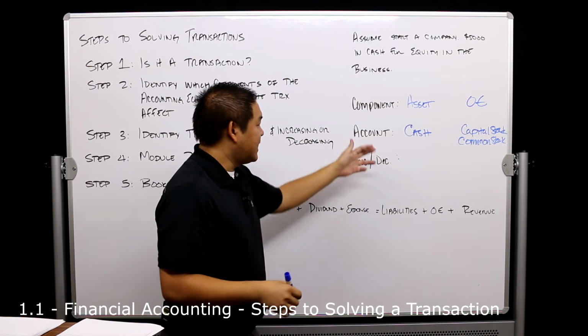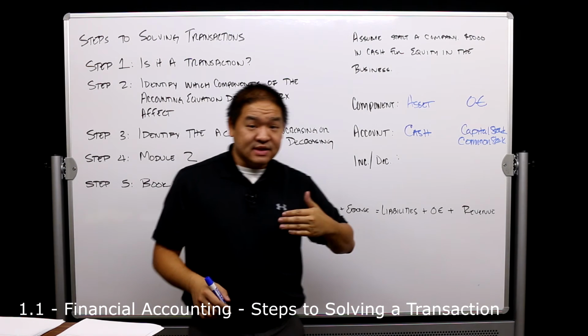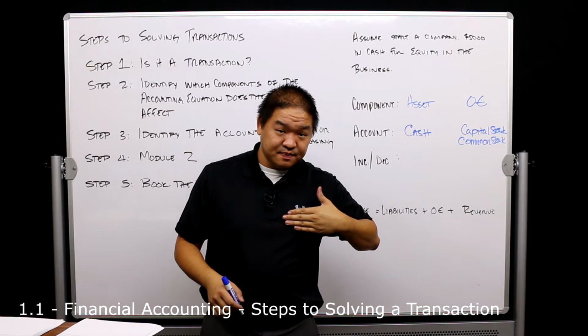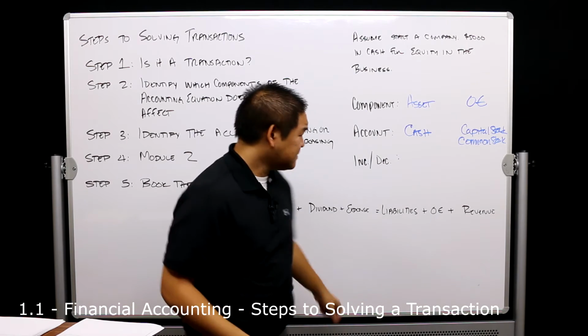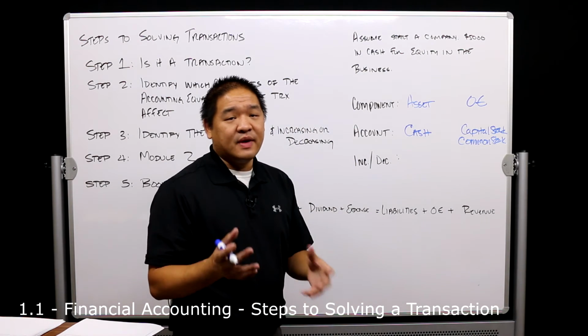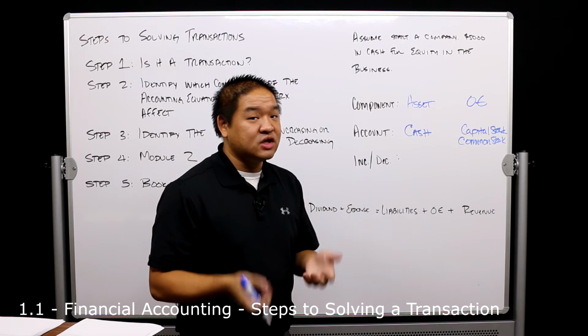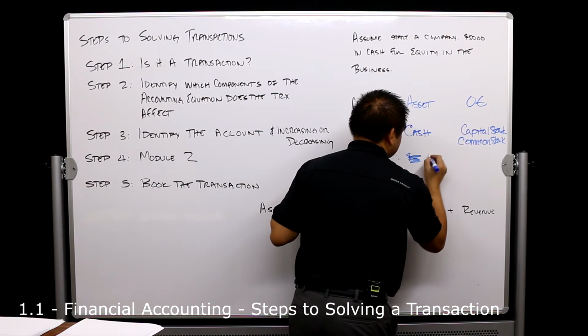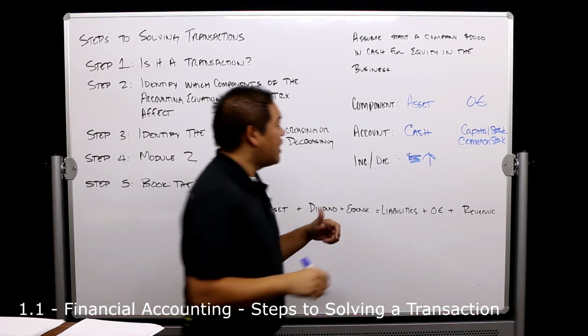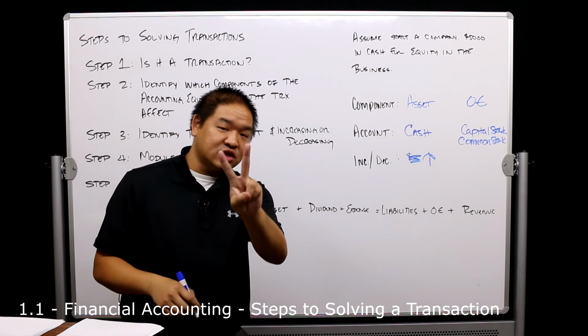So now that we have an account, well, if we're the business, is it increasing or decreasing each one of these accounts? Now, we've got to be very careful here. Cash is easy. Well, if I'm the company, I'm receiving cash, that means cash increases, right? Okay? But what about owner's equity? Now, there's two ways to solve it.